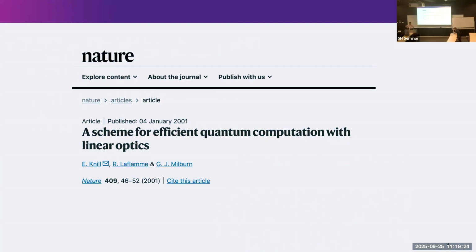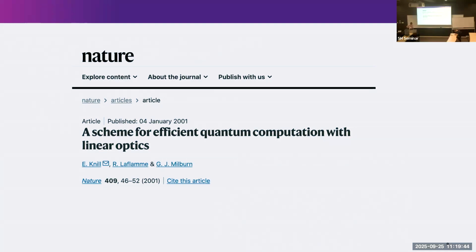Until Knill, Laflamme and Milburn in 2001 discovered linear optical quantum computing. They have a linear optical implementation of a 2-qubit gate.